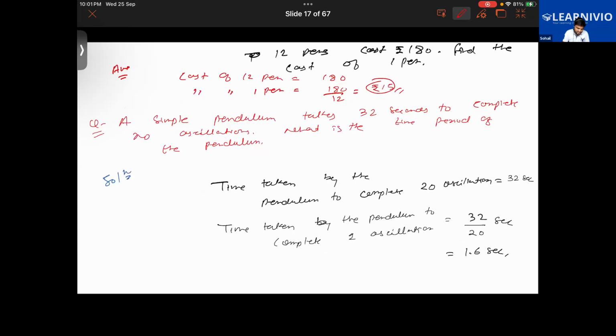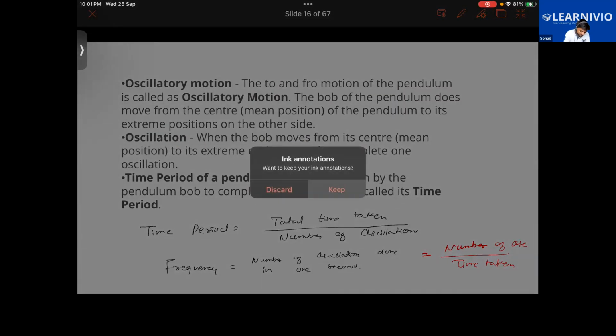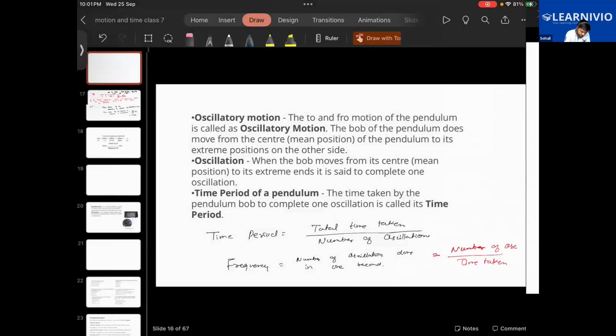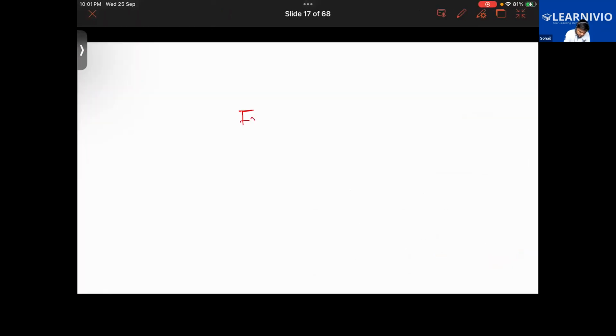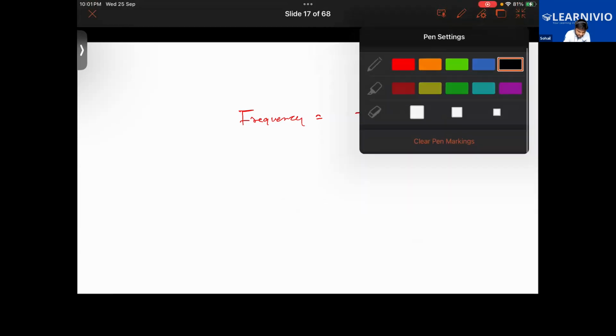So there is a relationship between the frequency and time period, and that is represented by this. Let me take an empty slide here. Frequency equals 1 upon time period. Write down this thing.